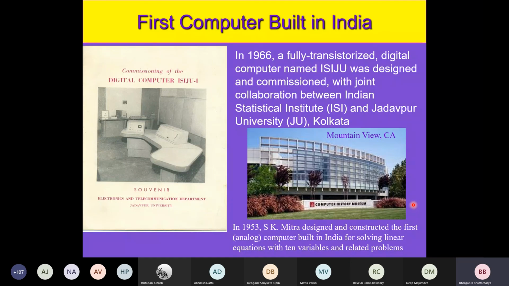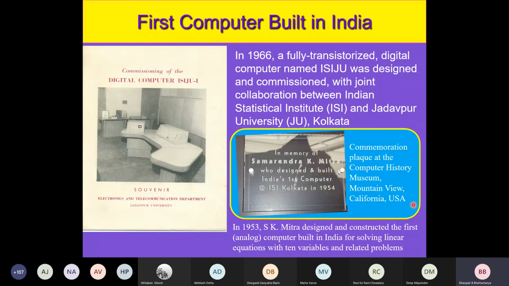Interestingly, if you visit Mountain View, California, there is a museum known as the Computer History Museum. It is in the town where the Google headquarters is located. If you visit this museum, you would find this plaque.